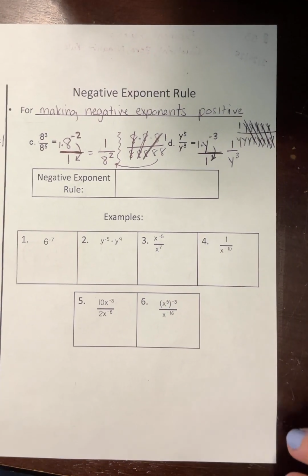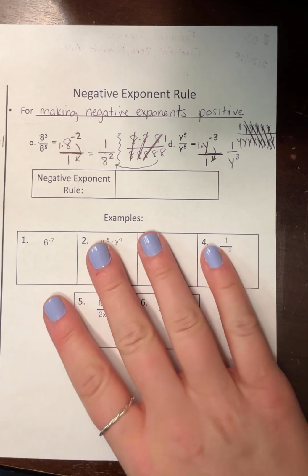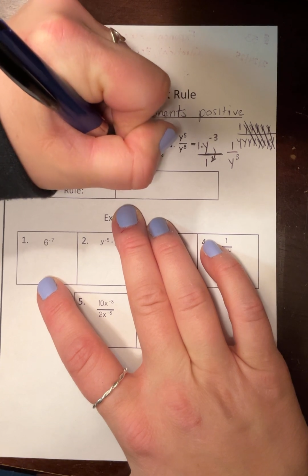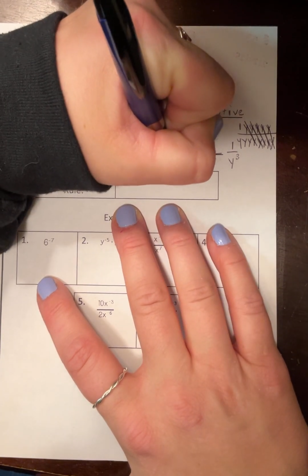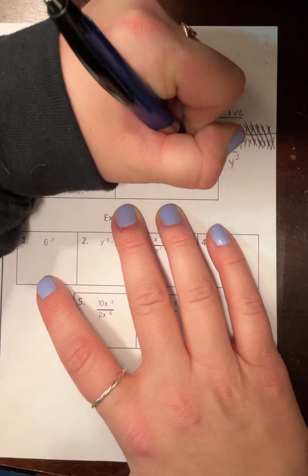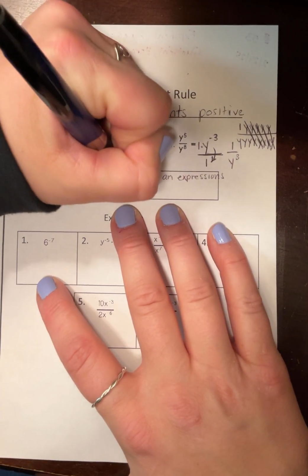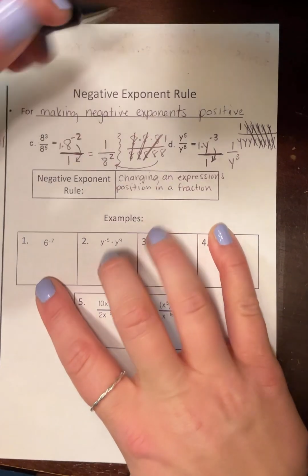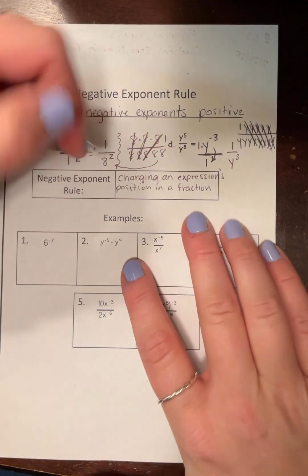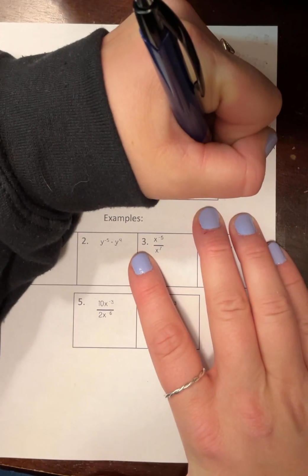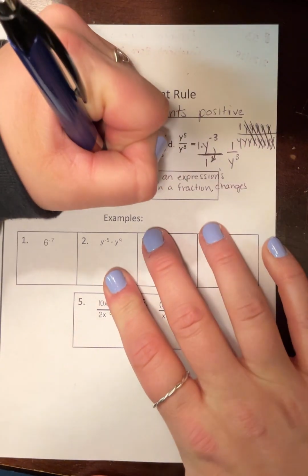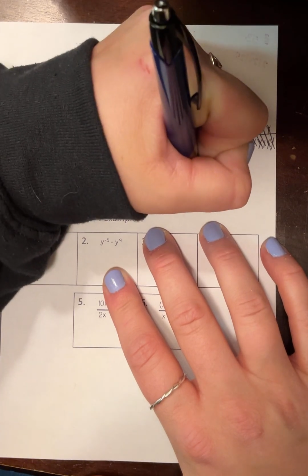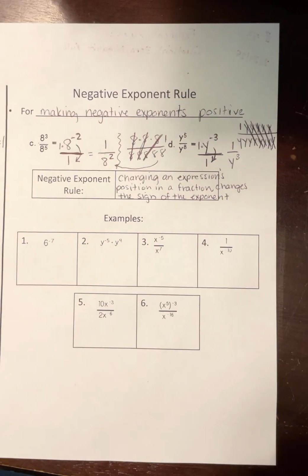So I'm going to write this in not a very mathy way. But what we're going to write here for the negative exponent rule is, okay, the negative exponent rule says changing an expression's position in a fraction changes the sign.